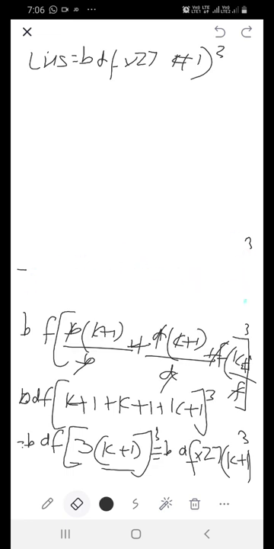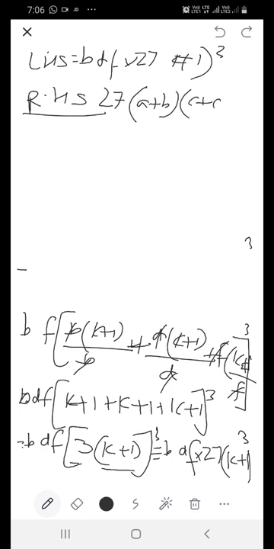Right hand side says it is 27, A plus B, C plus D and E plus F. This is equal to 27. Instead of A, what can I write? BK.